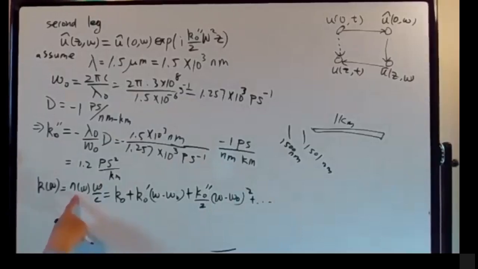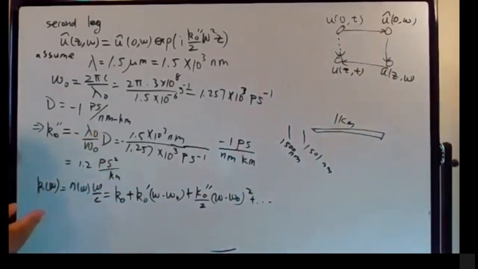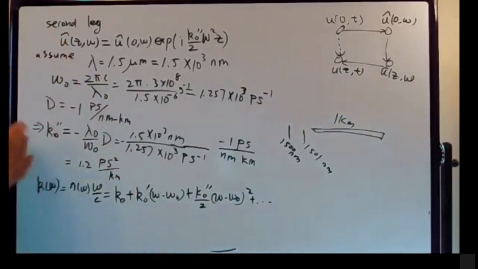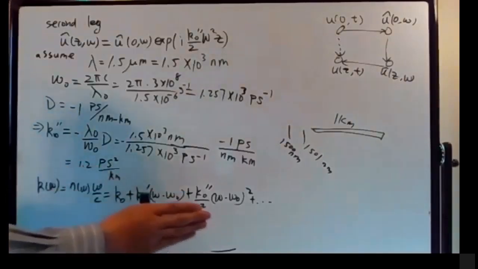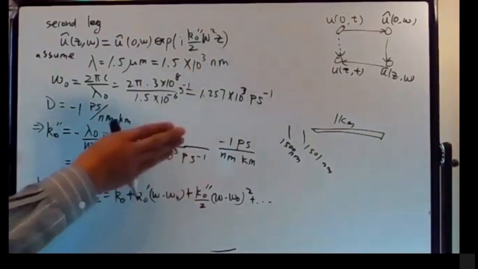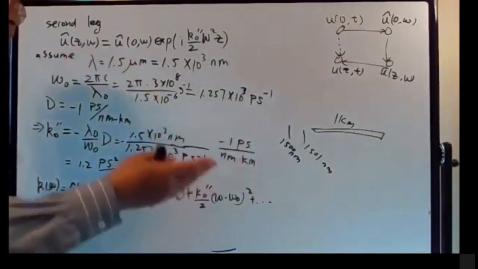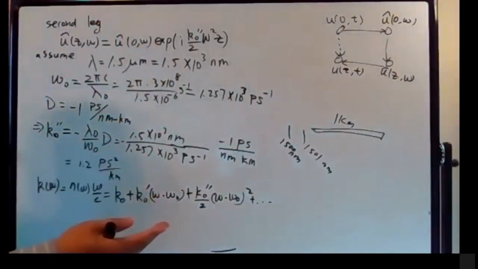Again, what is n? For example, n in the air is 1. In the vacuum, it's not frequency dependent. But in the glass, it's about 1.5. What 1.5 means is that when the light propagates in the glass, the speed of light in the glass is 1.5 times slower than the speed of light in vacuum.